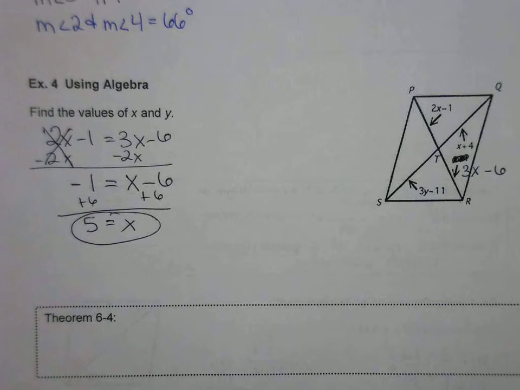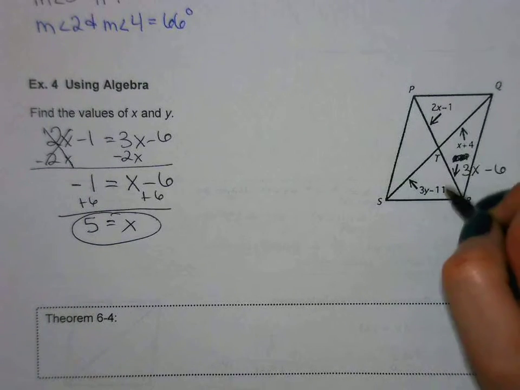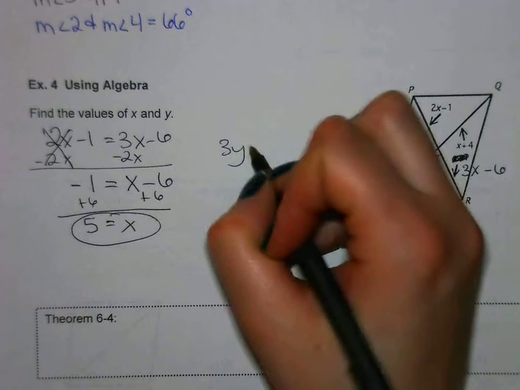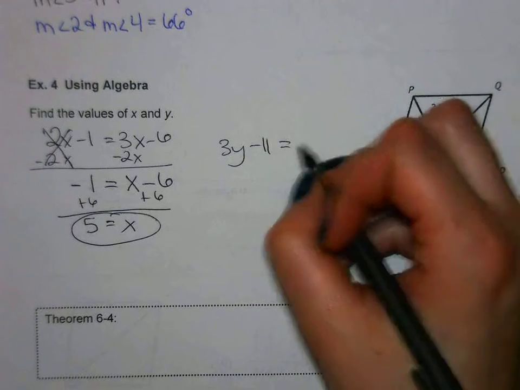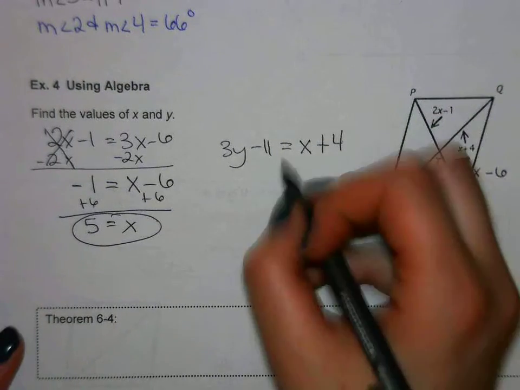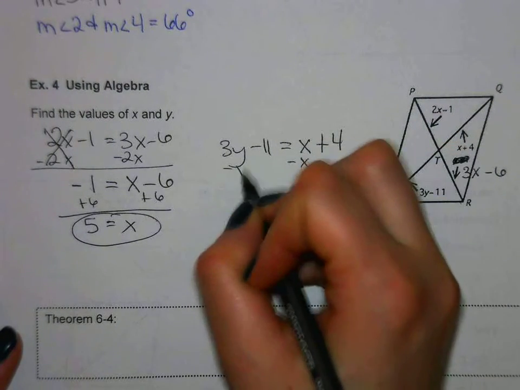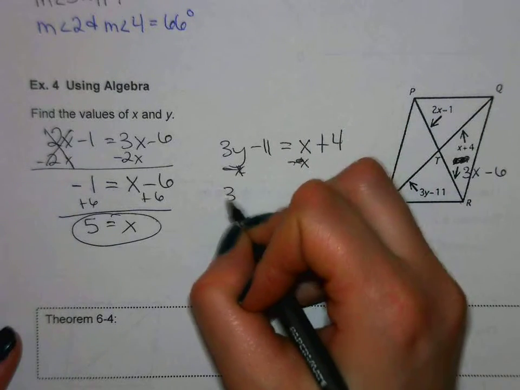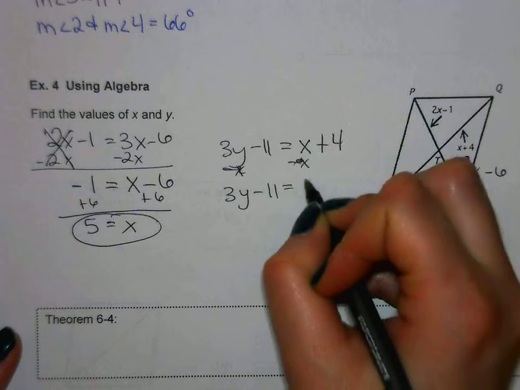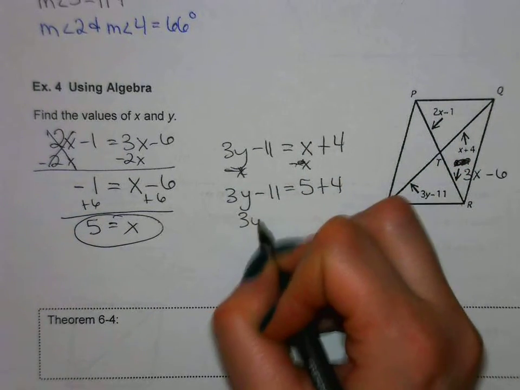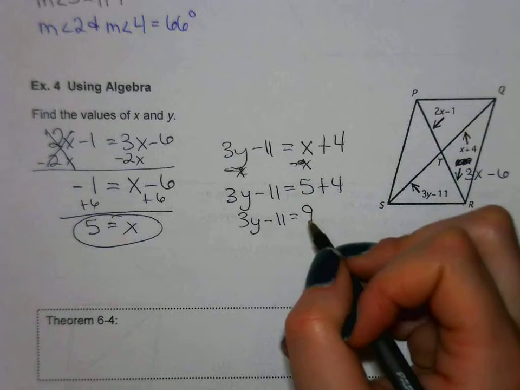So now we can find y. Since the diagonals are being bisected, 3y minus 11 equals x plus 4. We know x is 5, so this turns into 3y minus 11 equals 5 plus 4. 5 plus 4 equals 9.